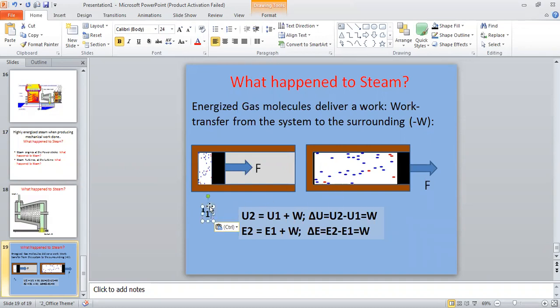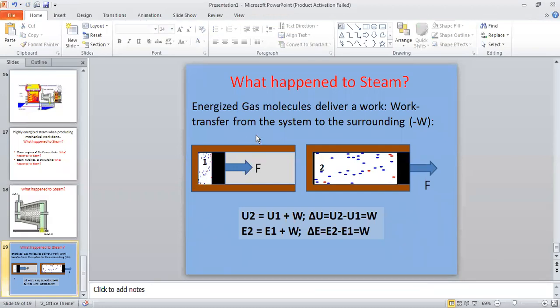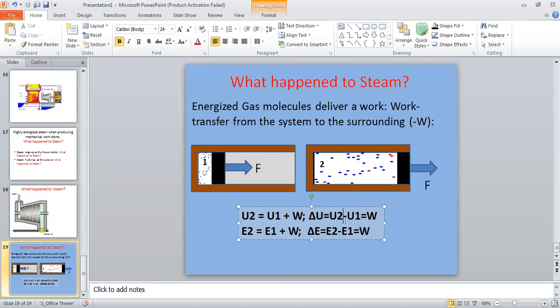After delivering, the steam comes to 2, from 1 to 2.